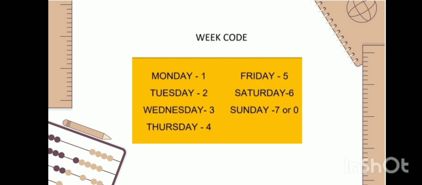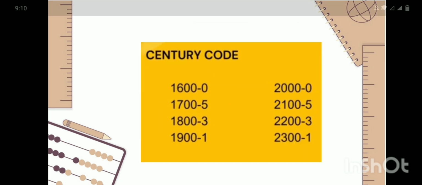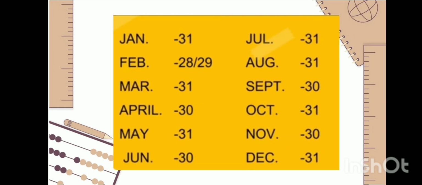That's why 1600s is 0, 1700s is 5, 1800s is 3, 1900s is 1, and 2000s is 0. And 2100s is 5, 2200s is 3, 2300s is 1.